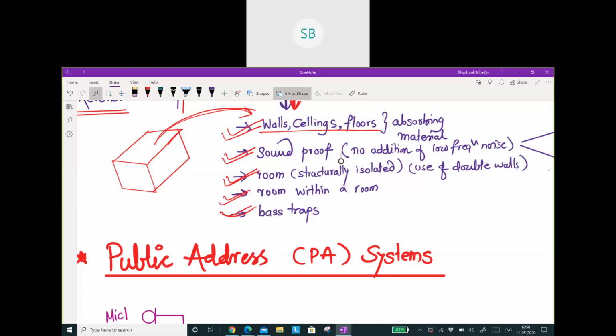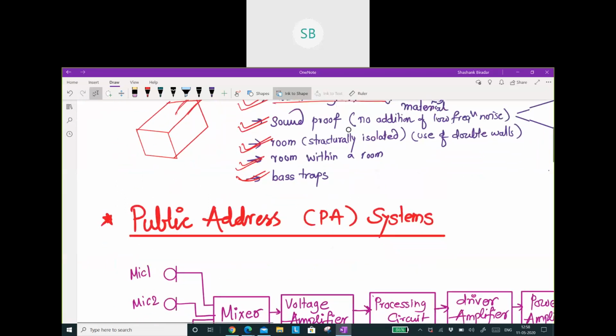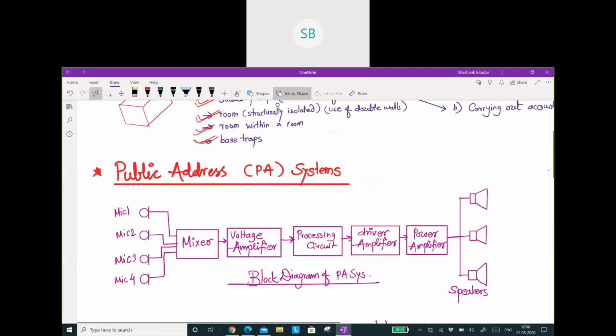We generally use it in auditoriums, conference halls, railway stations, stadiums, wherever an announcement is done and it is intended for a particular gathering. So this is called a public address system. We will see what the basic constituents of the public address system are.